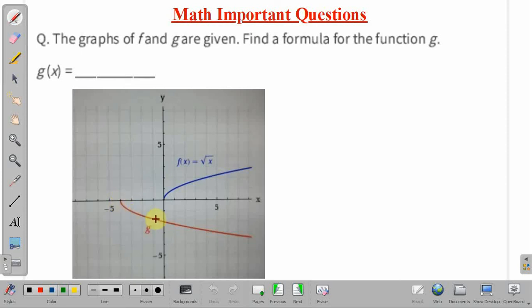And if both the graphs overlap, then we can say what our function g is.